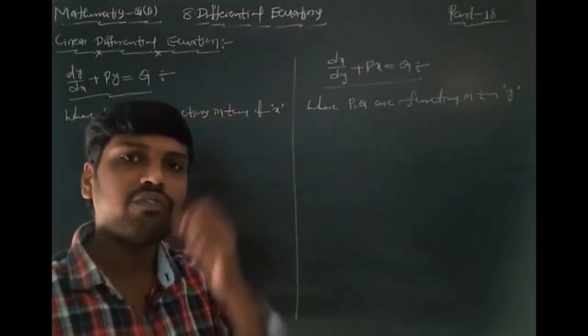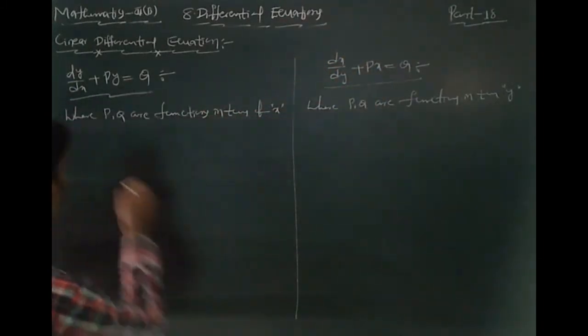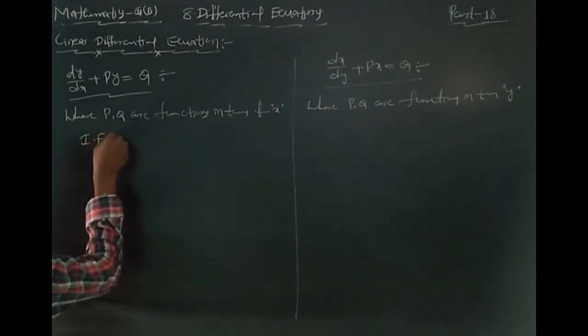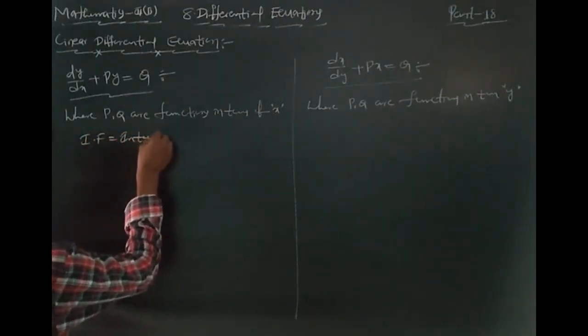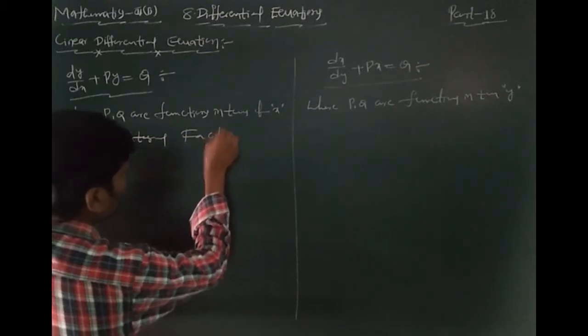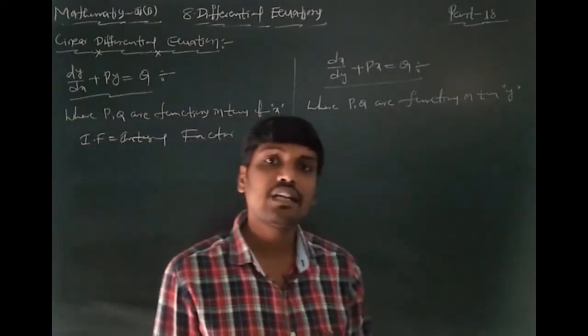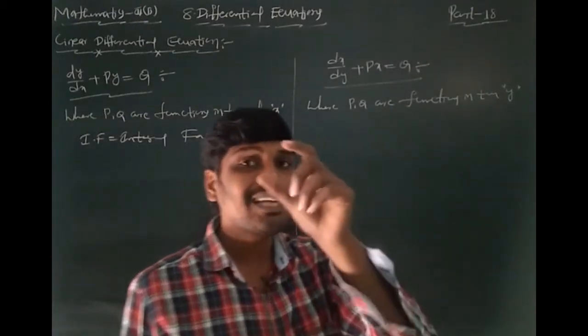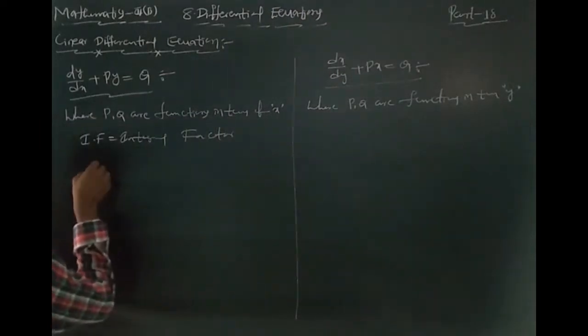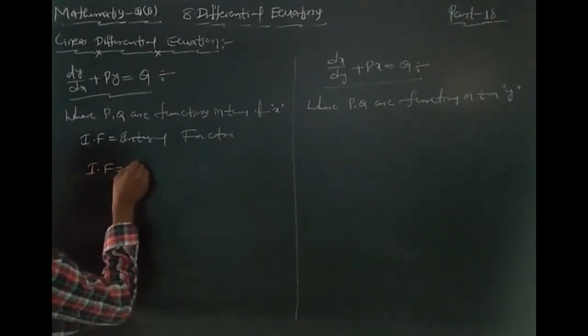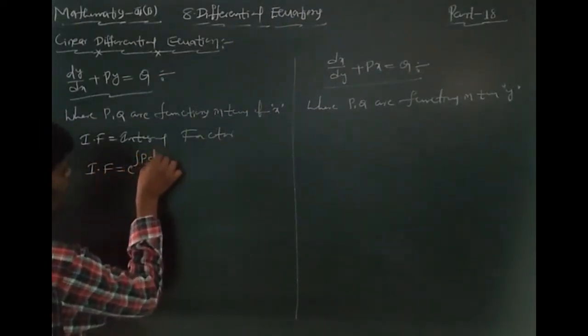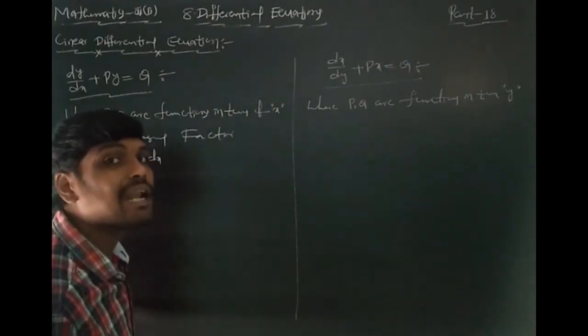After that, you can find the IF, nothing but the integrating factor. What is the meaning of IF? Integrating factor. The formula in the first form is IF equal to e power integral p dx.